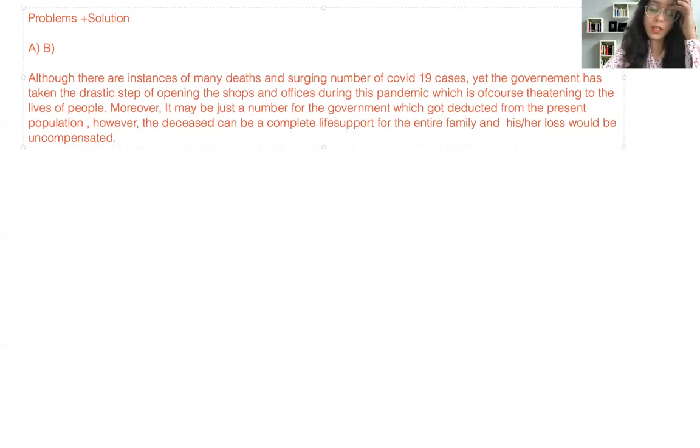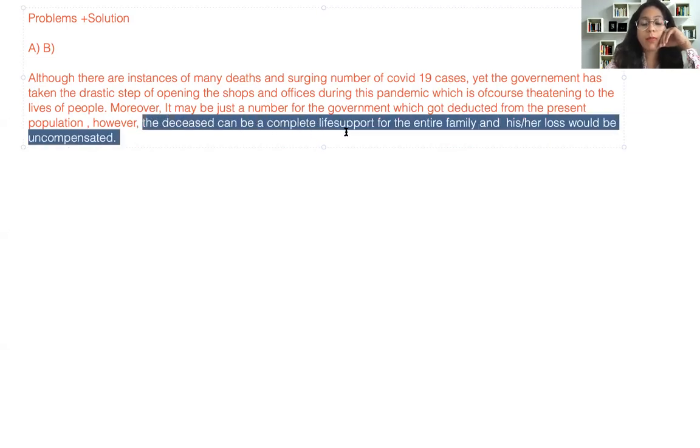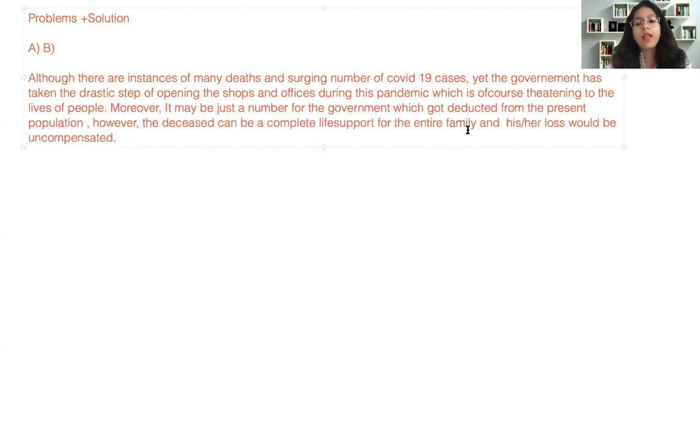So this is the second problem, that probably for the government it is just a statistic that a person has got deducted from the population. However, the deceased can be the complete life support for the entire family, but his or her loss would be uncompensated.